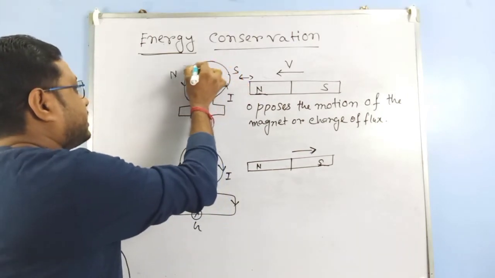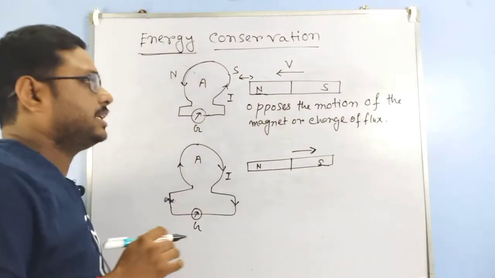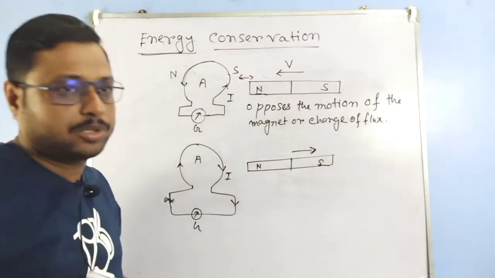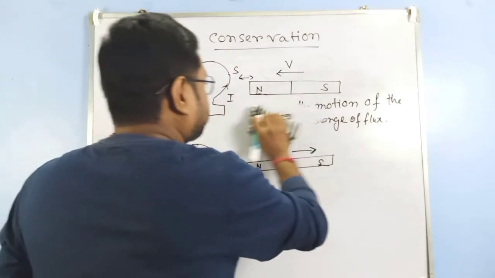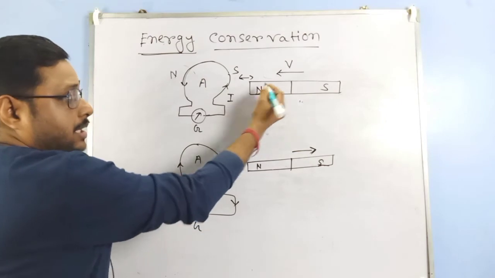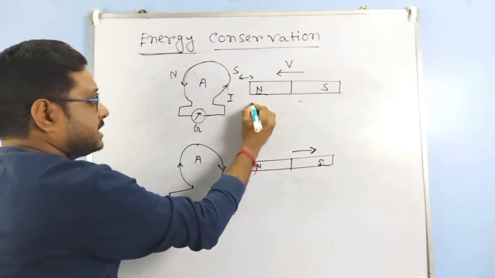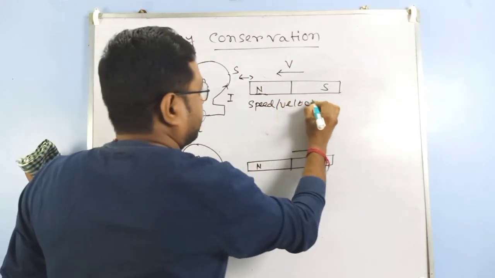Let us assume the S pole is created here and the N pole is already facing the S pole. Then what happens? Then it attracts the north pole, which increases the speed or velocity of the magnet.